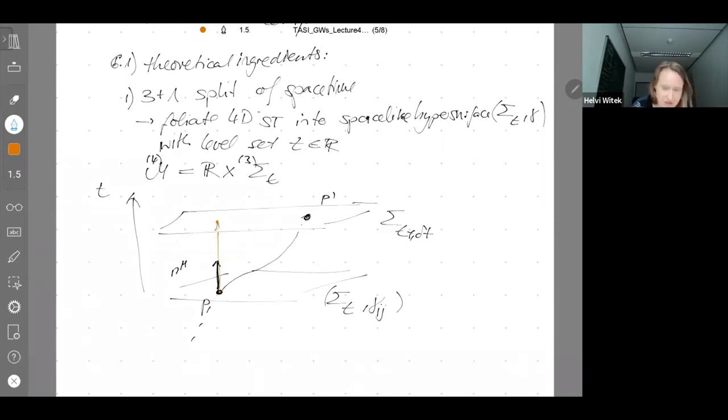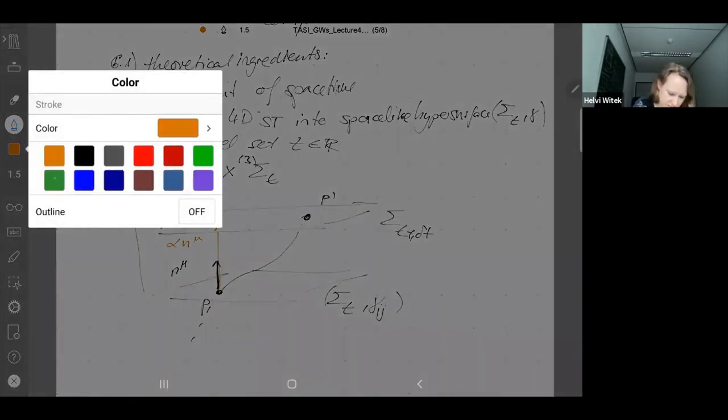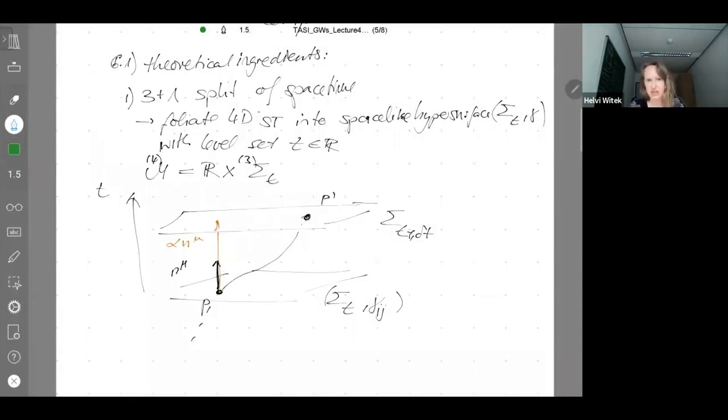I call it, or in numerical relativity we typically call it, alpha times n mu. If you're more familiar with an ADM-like formulation, you may recognize that as what's used as capital N. And then we also have to describe the spatial shift between the point that we would arrive at if we follow the normal, or an observer who travels along the normal direction, to where our point actually sits.